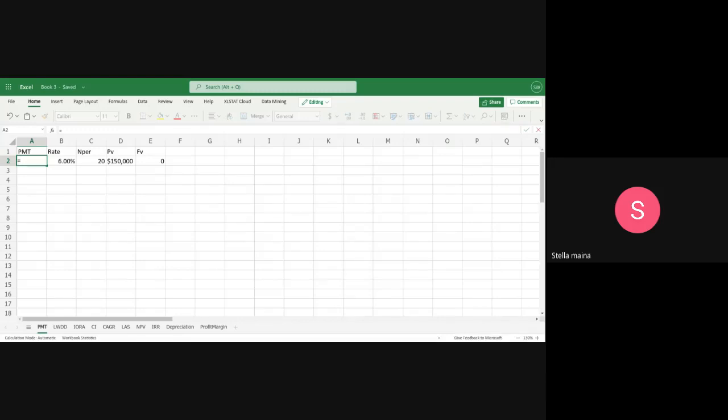Then I'm going to select those cells: the rate, the total number of periods, that is C2, then D2, the present value, and the future value. So the moment you input the formula.